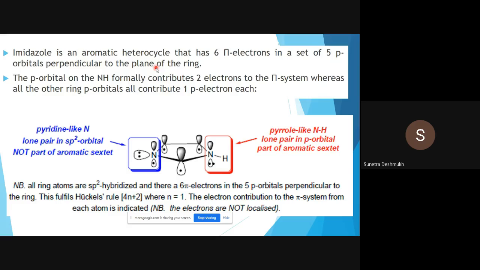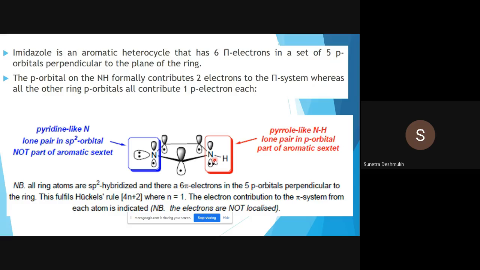The p orbital on the NH formerly contributes 2 electrons to the pi system. Okay, so this NH is pyrrole like NH.